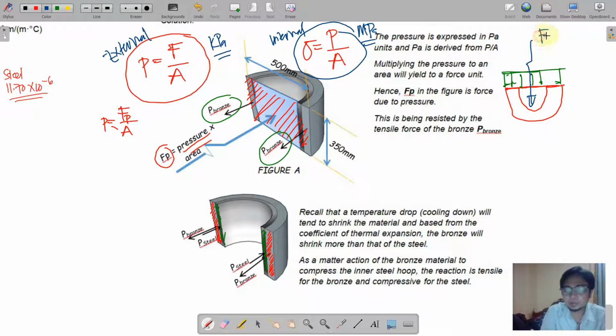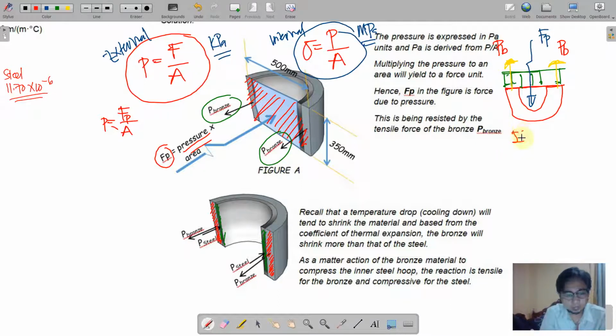This is force due to pressure, and then this force due to pressure, of course, will be resisted by two tensile load in the bronze. So this is PB. Okay, PB.